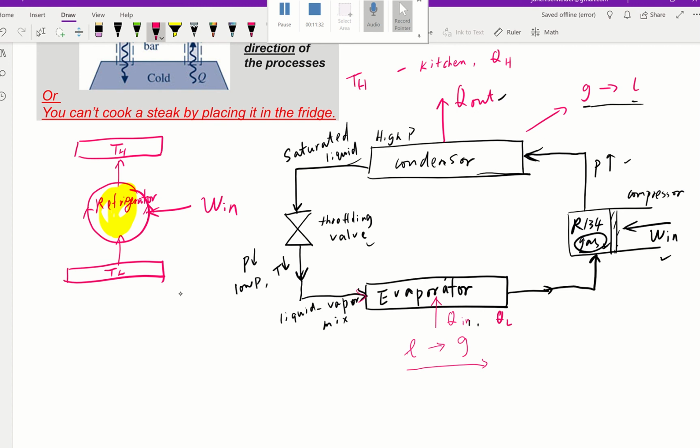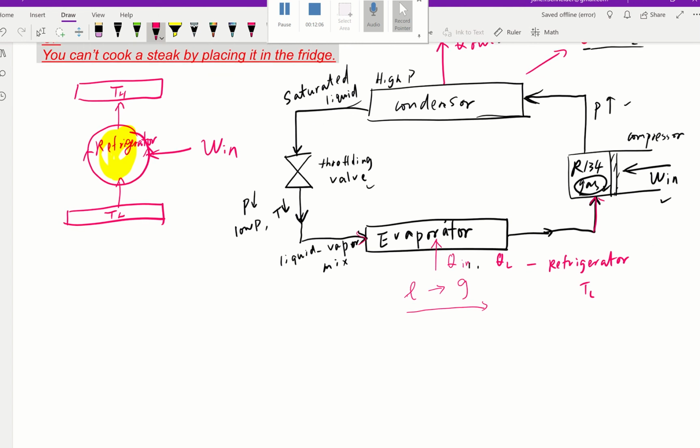This is going to be our refrigerator space, that's going to be our TL. Since this heat is added to the freon, it changes from liquid to gas, and then starts this process again, compressed again. So that is our Clausius statement using a refrigerator as an example.